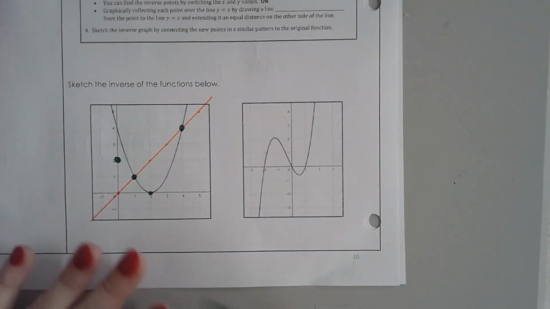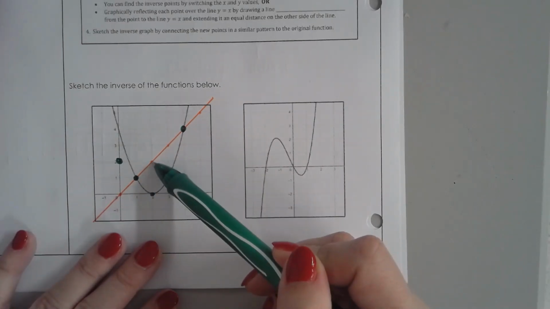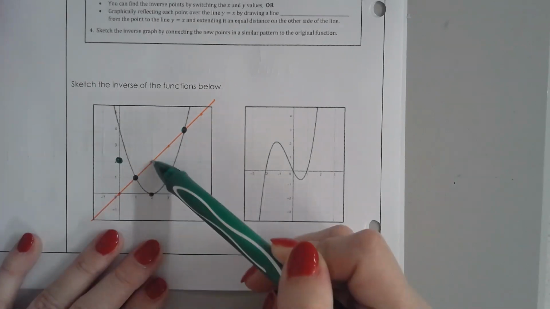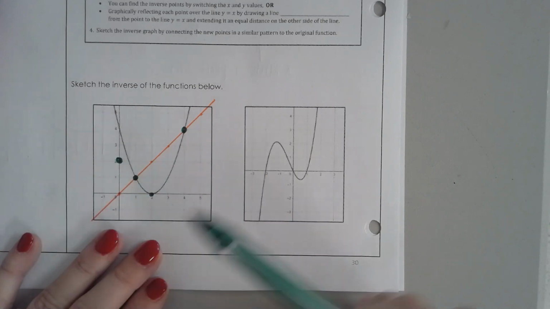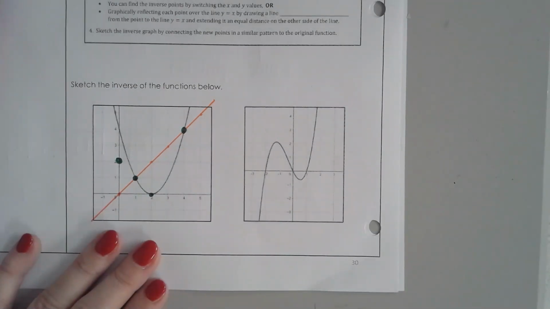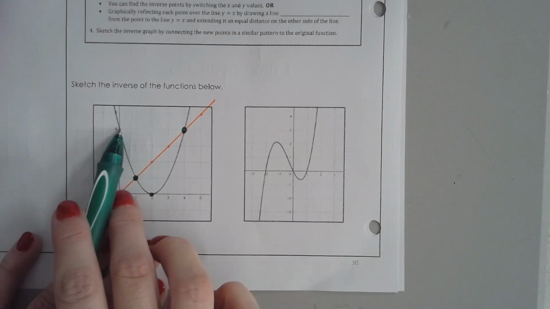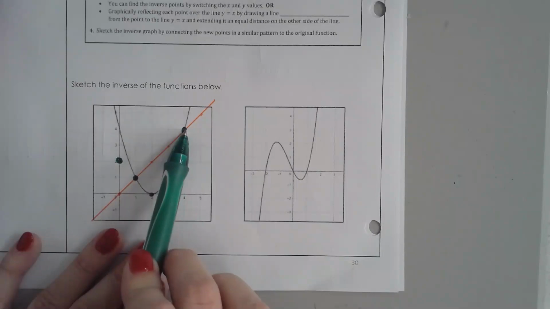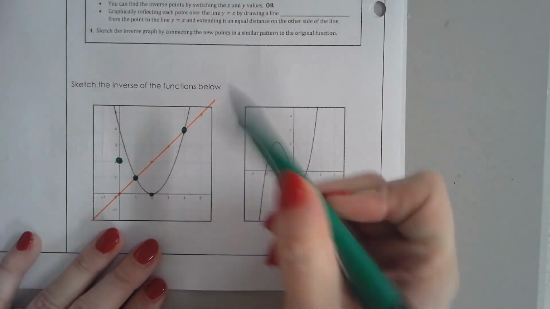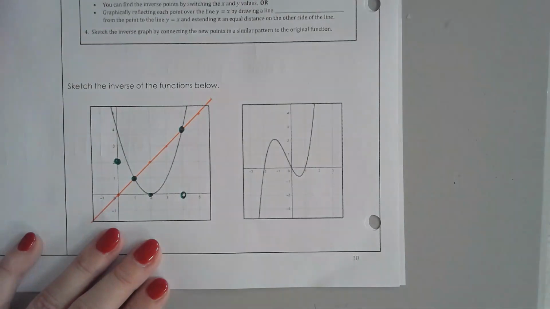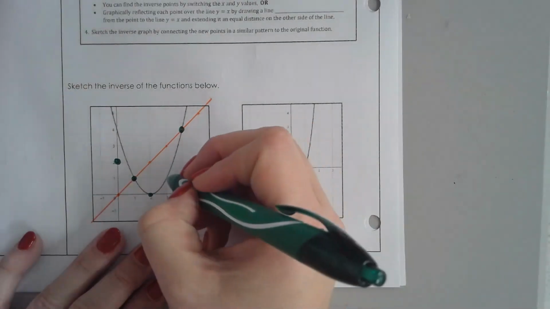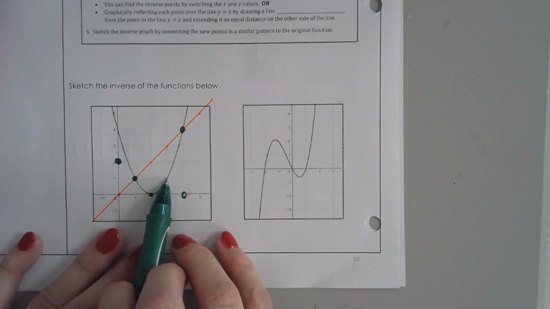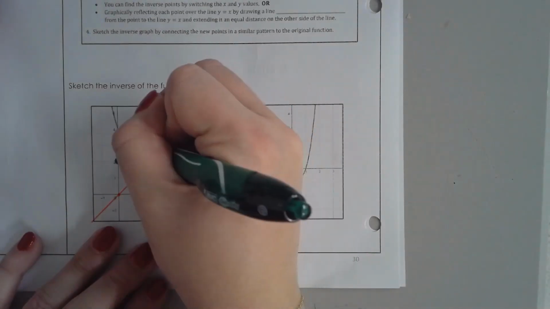Another way you can reflect it is if you count up 2 to my orange line, then I go over 2. So you count up and over the same. You go up, over. That's how you reflect that. For example, the point (0, 4): to get to my orange line, I would have to count 1, 2, 3, 4. Then I go 1, 2, 3, 4 down, and it becomes there. You do as many points as you can, and then you connect and draw it. For example, the point (3, 1) will become the point (1, 3).